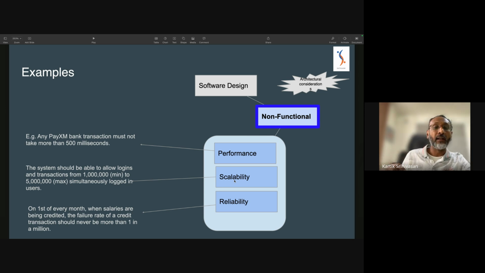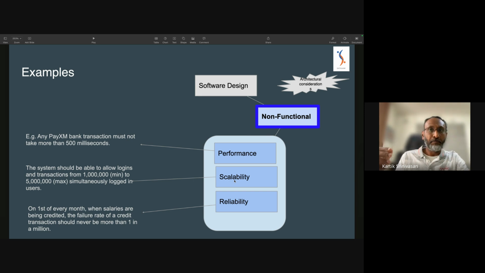It can't fail, etc. So there are reliability requirements that start coming in, which say that on the first of every month, when the salaries are being credited, the failure rate of a salary credit transaction should never be more than 1 in 1 million, right? And to be very honest, this is probably 1 in 100 million is what we are talking about as realistic numbers.